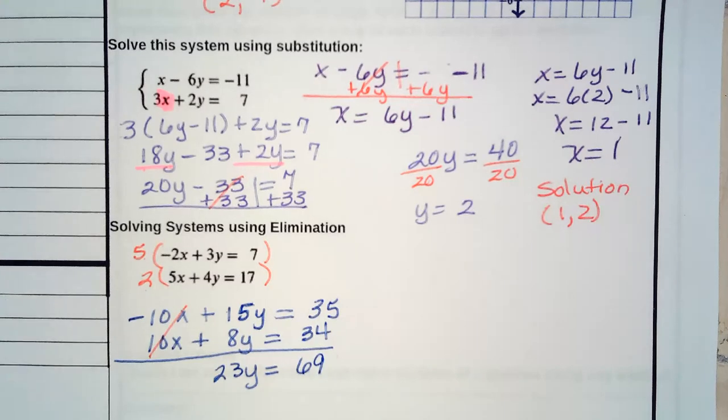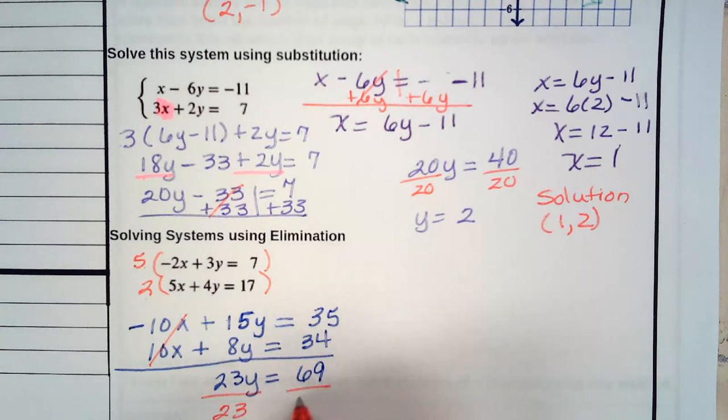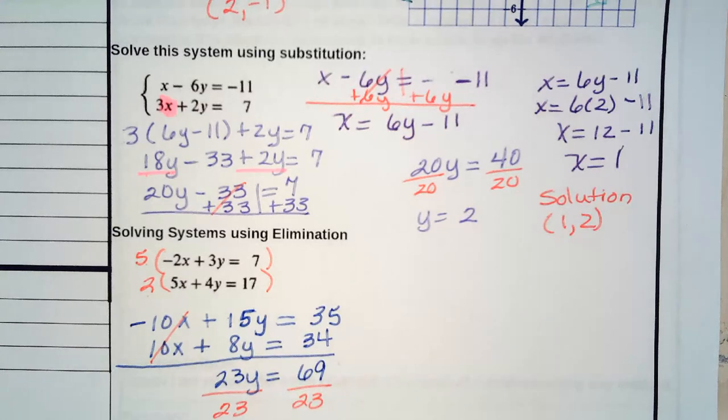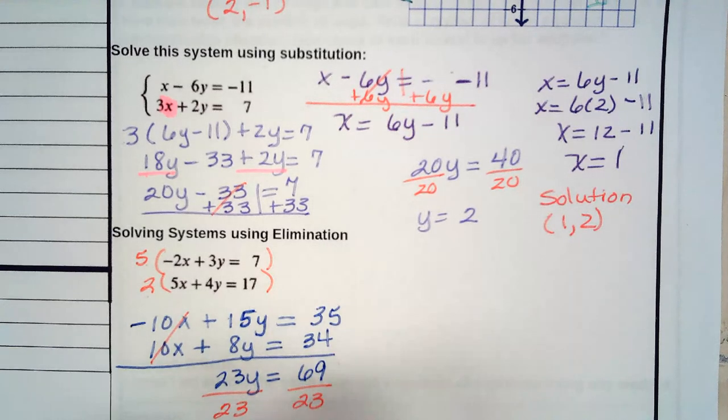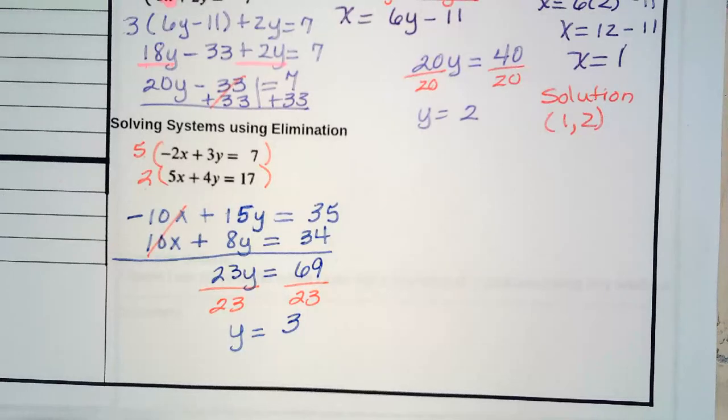And now let's solve. We have to divide both sides by 23. And y is equal to... This goes in 3 times, so y is equal to 3.